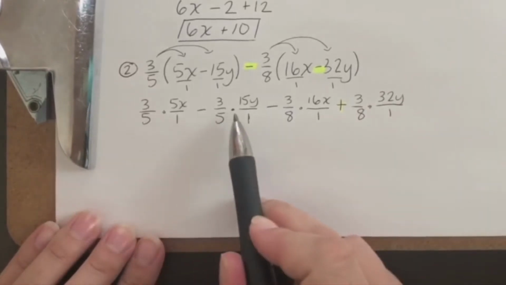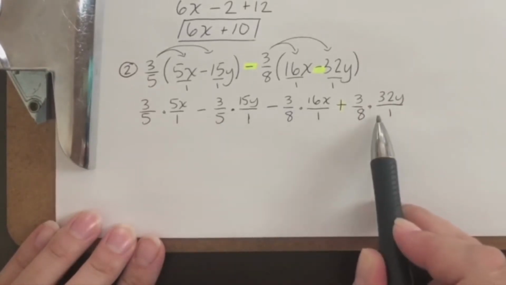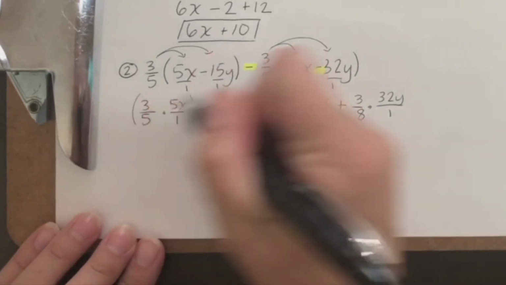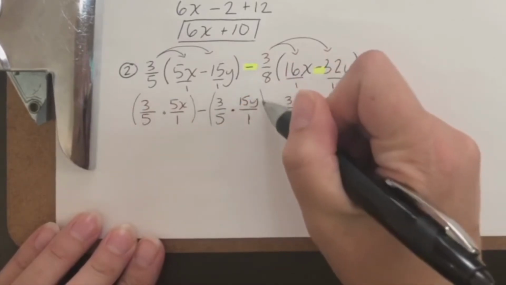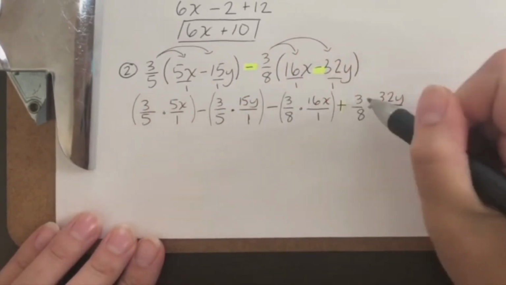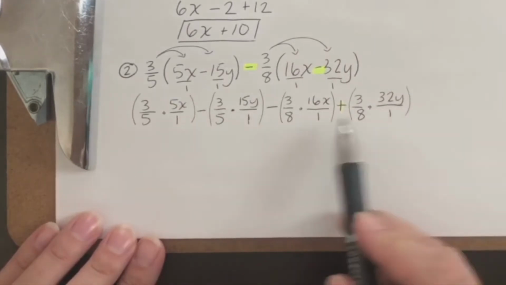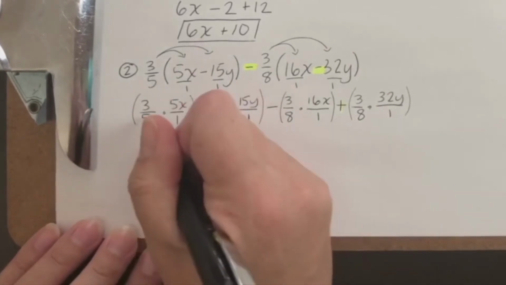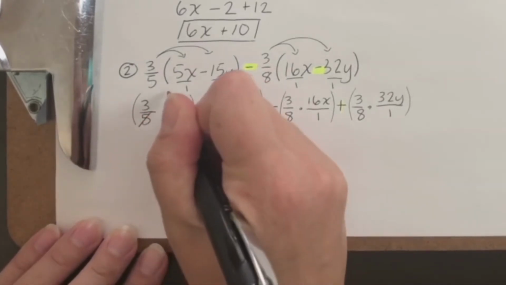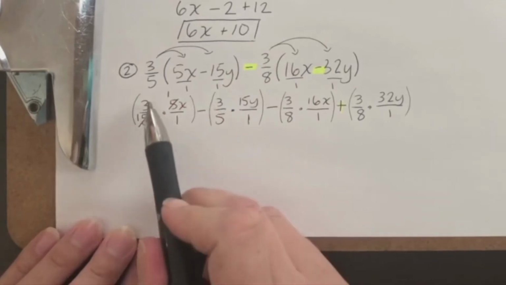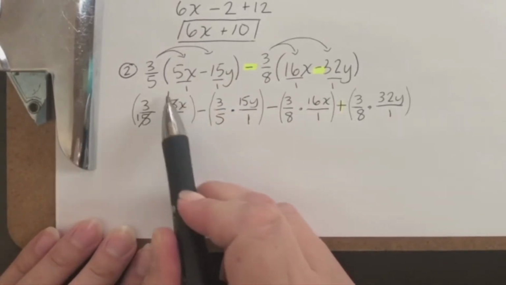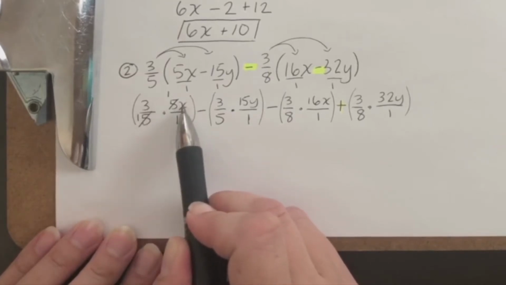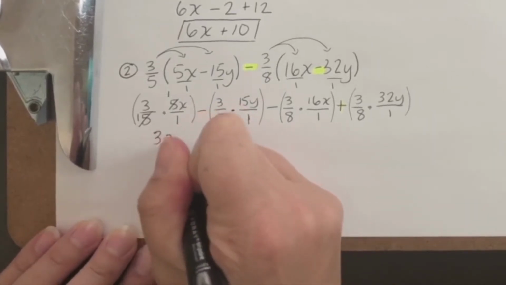Now I can look at each one of these sets of fractions that I'm multiplying and do some cross canceling. I'm going to put some parentheses around here so that you can better see what partners I'm multiplying out. So the 5 here will cancel with this 5 and leave a 1 and a 1. So this is 3 over 1 times 1x over 1, which is just going to be 3 times x, or 3x.